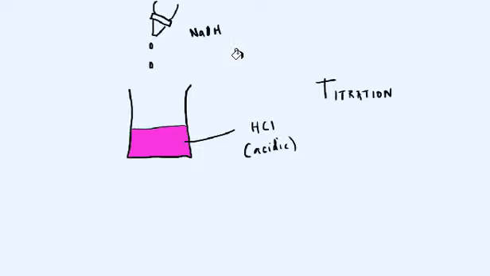You count the number of drops and add them drop by drop, and when you reach the turning point, the solution turns permanently to yellow, or better yet, to that same orange color, which kind of represents the halfway mark, the in-between state between acidity and basicness. That would be the point of neutrality. That would be the number of drops you would record to determine the relative alkalinity of the solution.